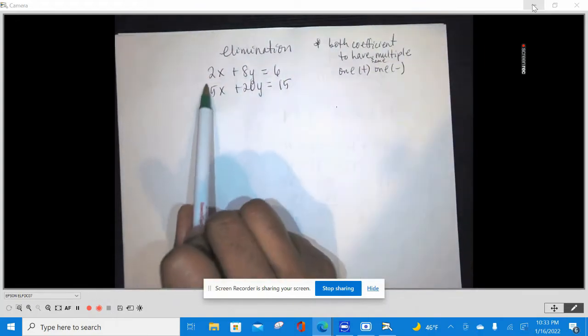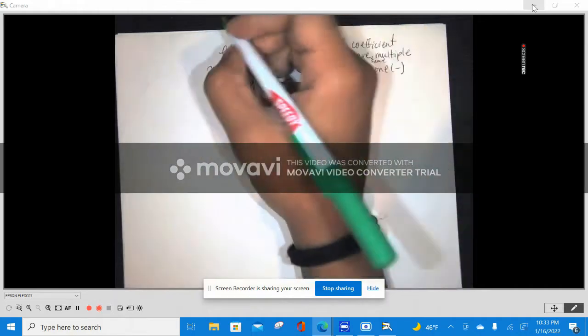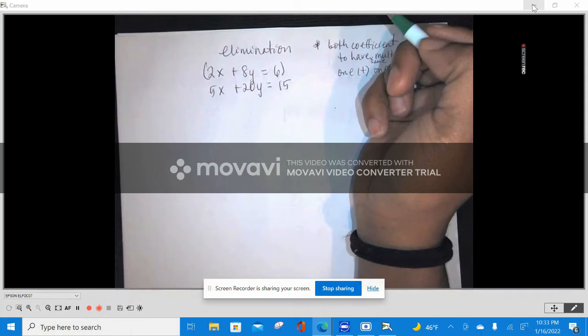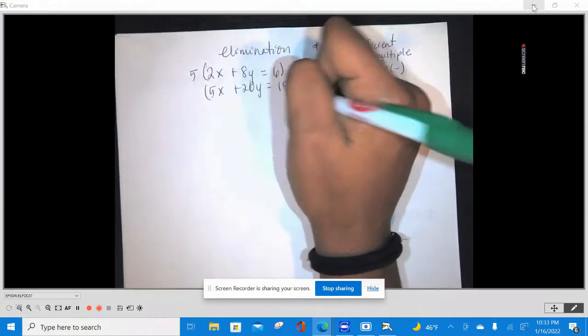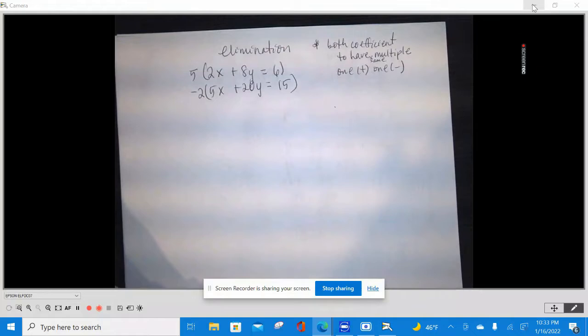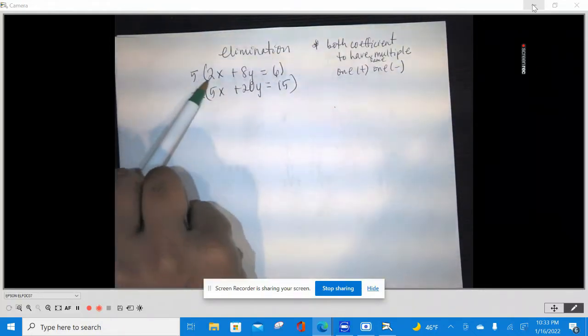So that means that if you want to get rid of x, the multiple they have in common is 10, but you want to have a 10x and a negative 10x. It doesn't matter if you put the negative or positive on the top or the bottom. So in this case, I'm going to leave this one as the positive, but the bottom one, I'm going to get a negative 10. You see that? So I'm multiplying the top one by 5 because this is going to give me a positive 10x.